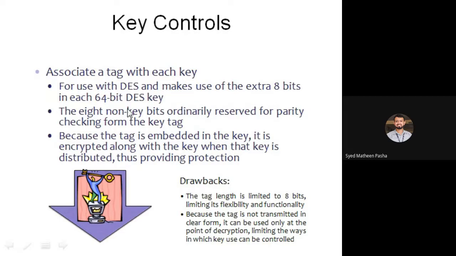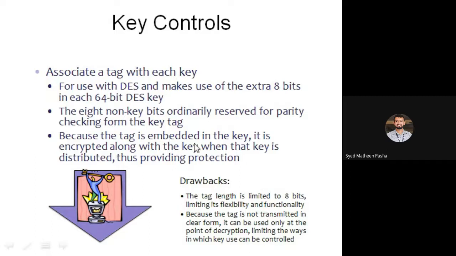You can see how the key tag is generated based on the non-key bits, that is your parity bits, with the help of 8 bits. You are adding extra 8 bits, no? Those are parity bits which are sometimes ignored. With the help of that, you can generate the key tag.